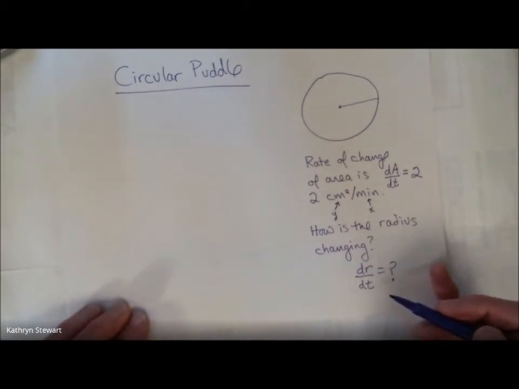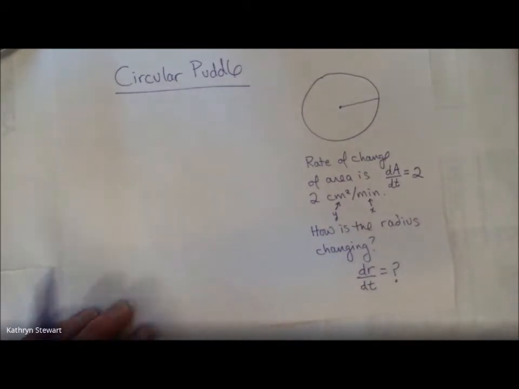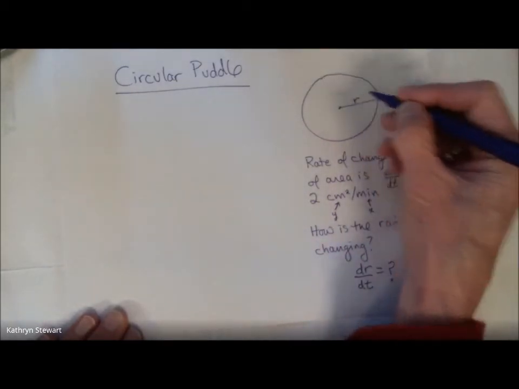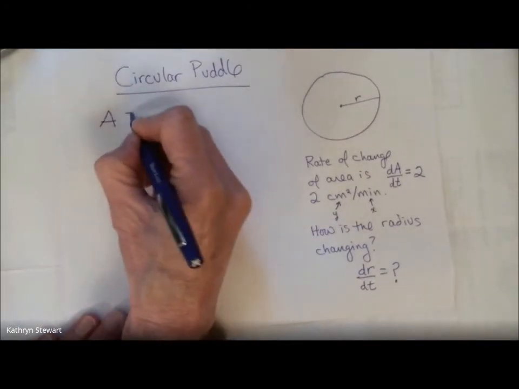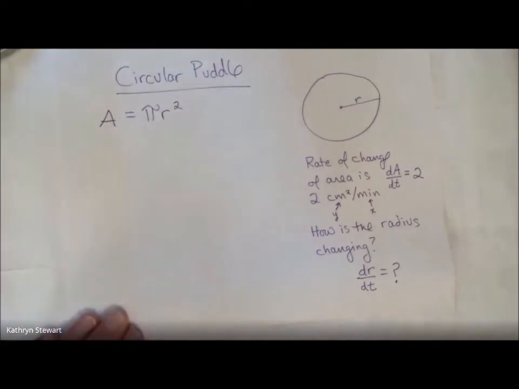How do you think we could start this? Well, is there any equation from geometry that relates area of a circle with the radius of the circle? Of course there is. We know that area of any circle is given by pi r squared.